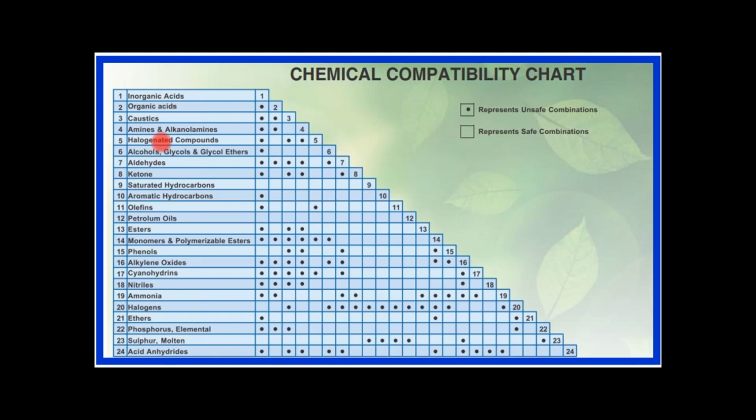Likewise, if you observe the different groups, say for example, I'm giving you the example of 10th number, aromatic hydrocarbons. Now this aromatic hydrocarbon has a dot with 1. What does it mean? The dot represents an unsafe combination. It means that this 10th group, aromatic hydrocarbon, is incompatible with the first group, that is inorganic acid.